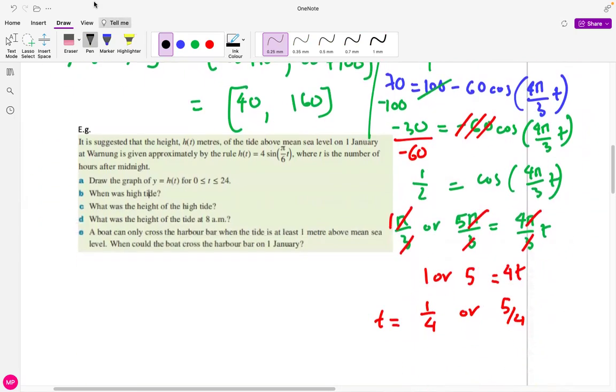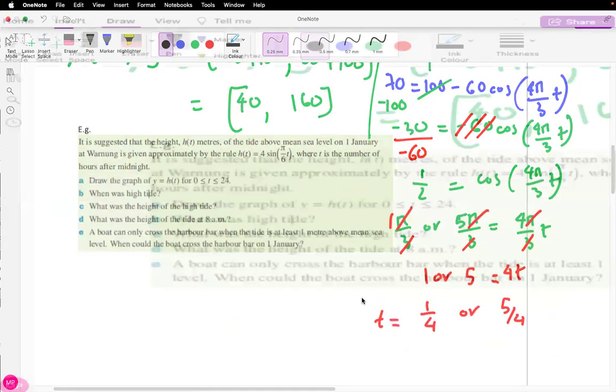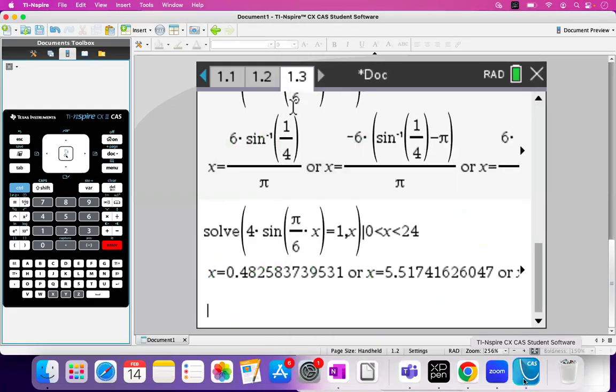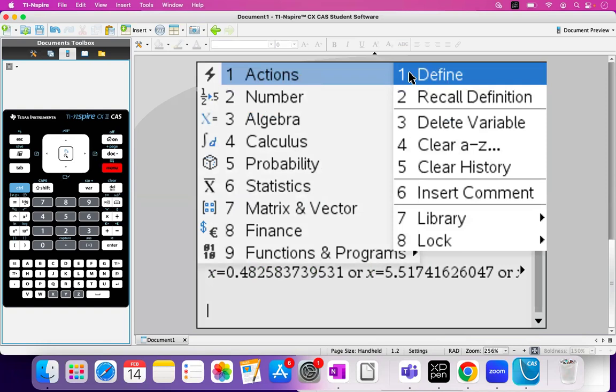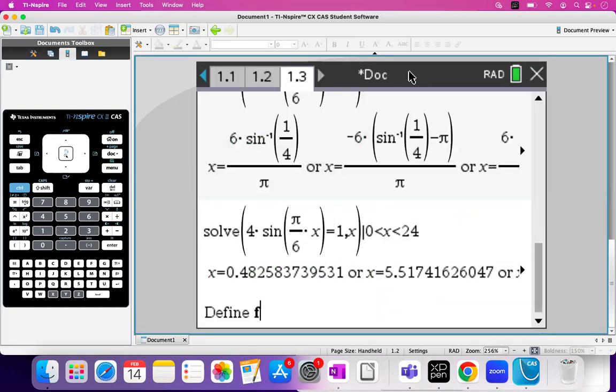All right, so I'm going to show you how to do this on the CAS. So imagine I have my CAS here. Because this is a word question, so have A, B, C, D. So I recommend you define the function first.